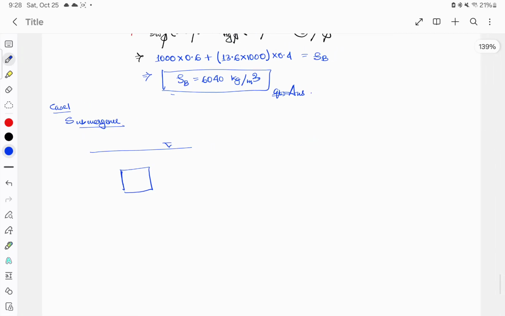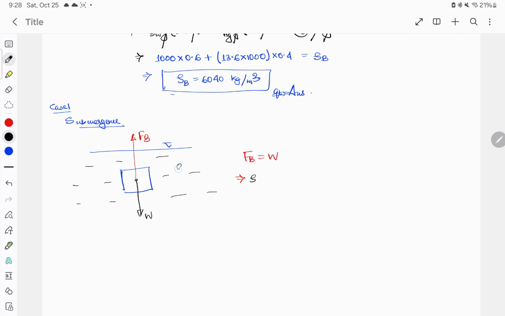A body is always acted upon by its weight, right? And once it goes inside a fluid, a buoyant force also acts on it. Now it is submerged, it is not going up, neither is it going down. Which means the force of buoyancy is balancing the weight. What is the force of buoyancy?